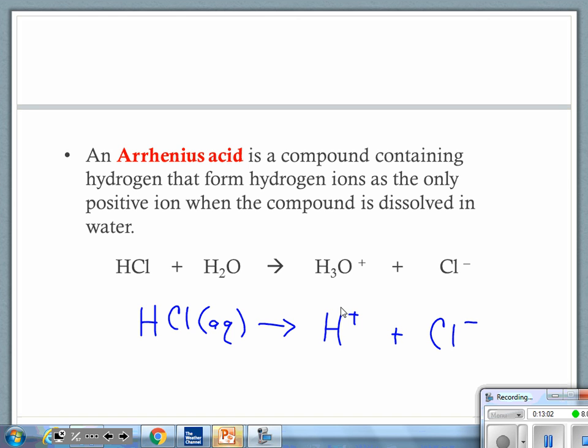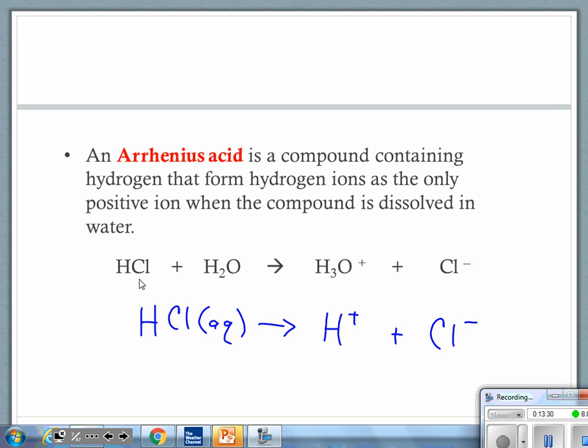It's a little easier to see that hydrogen ion right now. So we often write that top equation also as this, and we're seeing it the same way. It is dissociating into its ions, the H plus and the Cl minus.